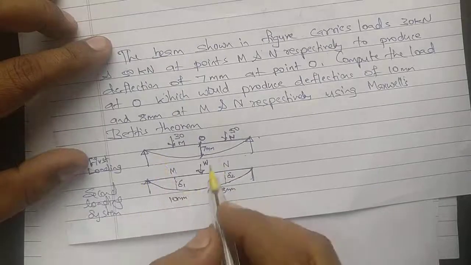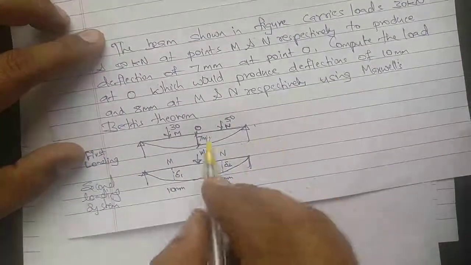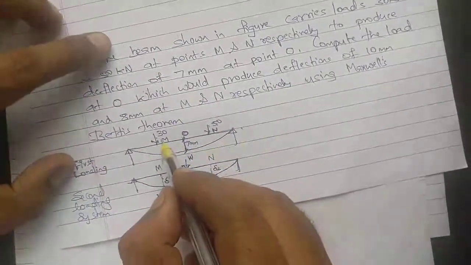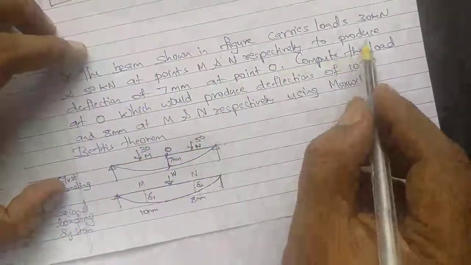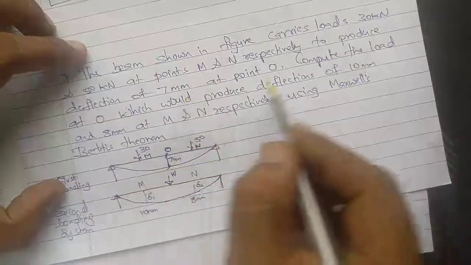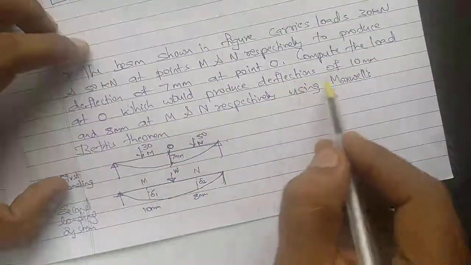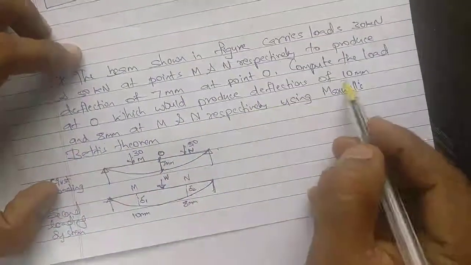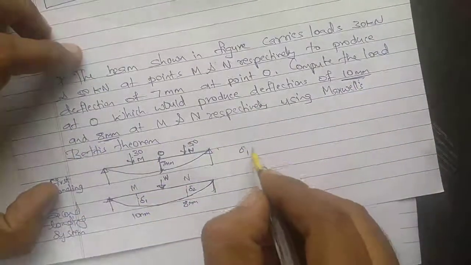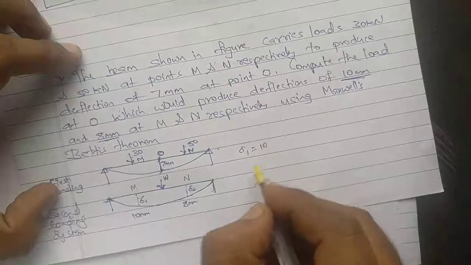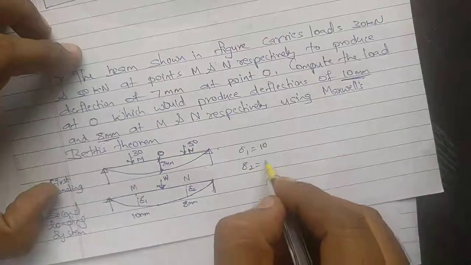Now what is our formula? 30 into delta 1, given the deflections of 10 mm and 8 mm. Delta 1 is equal to 10, delta 2 is equal to 8.